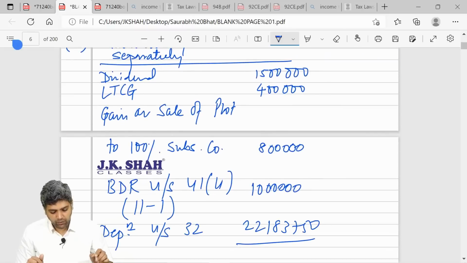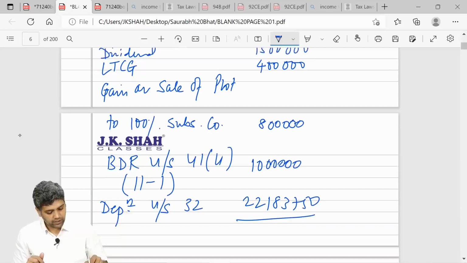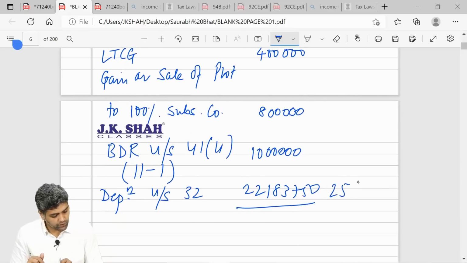minus all these amounts. So 15 lakhs plus 4 lakhs plus 8 lakhs plus 10 lakhs plus 2 crore 21 lakh 83,750, that is 2 crore 58 lakh 83,750.